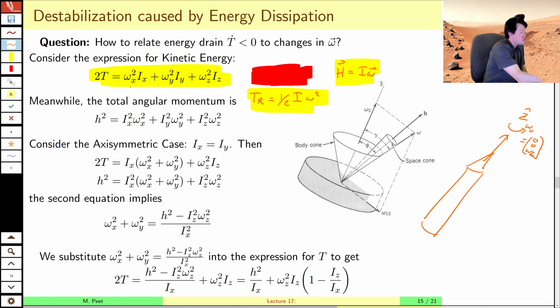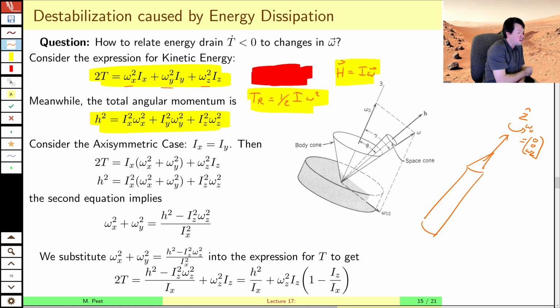These are the 3 components. We're not going to make any linearizations in this case. Meanwhile, if we square the angular momentum vector just to get the magnitude, we have something similar to the kinetic energy case, except the I's are all squared: I squared, Ix squared, Iy squared, and Iz squared.